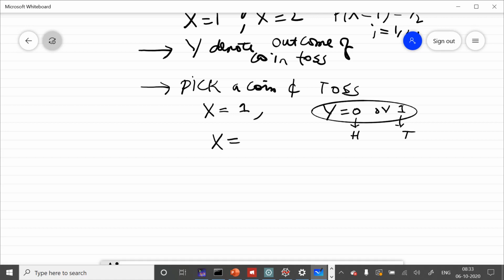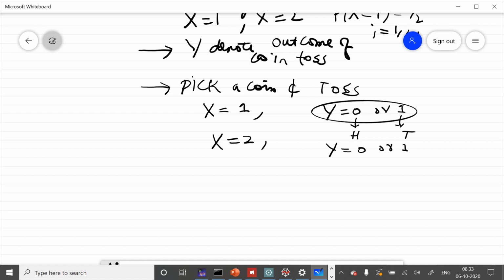Now if X is equal to 2, that is, you pick up the unfair coin, again Y can be 0 or 1, but now Y equal to 0 has more probability. So here X and Y depend on each other. What value Y will show depends upon what value X has already shown. This is one example where X and Y are not independent, they are dependent.